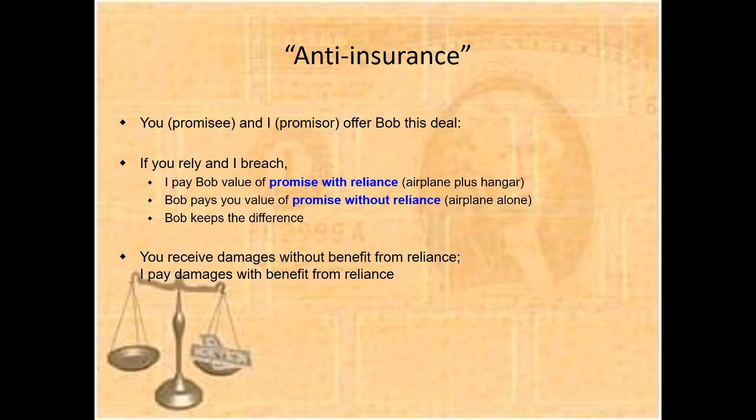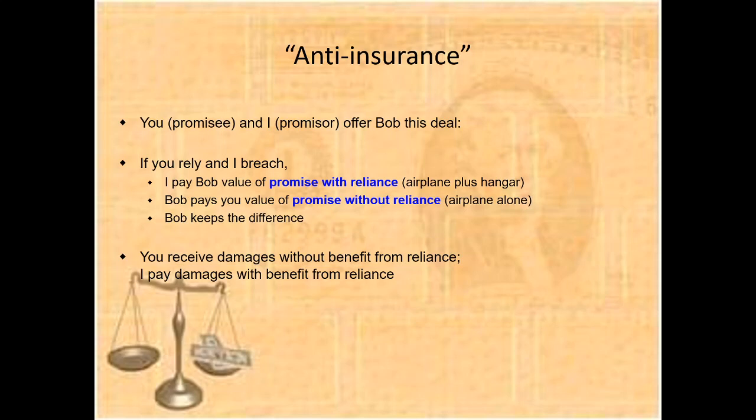Now the last point which we would like to talk about is the anti-insurance portion of the contract. That is, you are a promisee and I am a promisor of a bogus deal. If you rely and I breach, I pay the value of the promise with reliance, that is the airplane plus hangar.